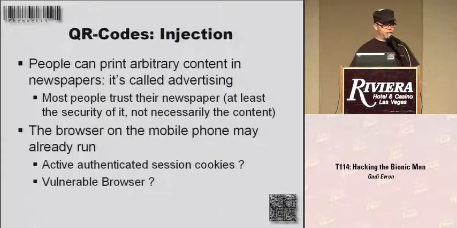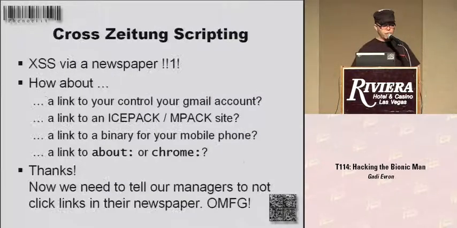Have you ever heard of a vulnerable browser before? And you get to cross-site script people with your newspaper. You put a cross-site scripting attack in the newspaper, he's logged into Gmail, he scans this shit, you delete all his email. It's a no-brainer. It's like cross-site scripting 101.